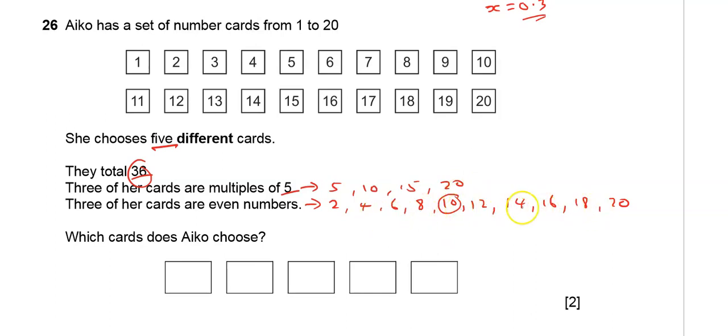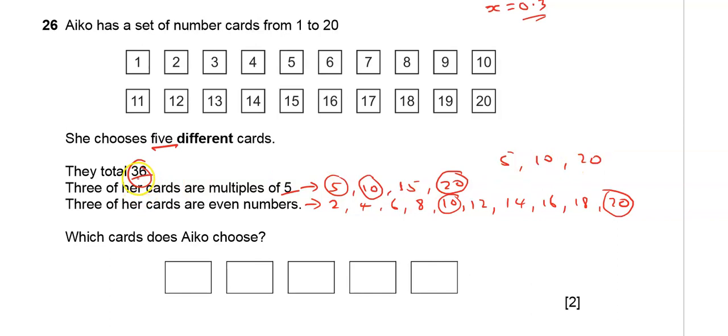And what is another multiple of 5? Multiple of 5 is also this one. And so 3 of our cards are even numbers. So at least we have this, which is also a multiple of 5. Then we can choose one of these. Let's choose 5. So now we have 5, 10, and 20.